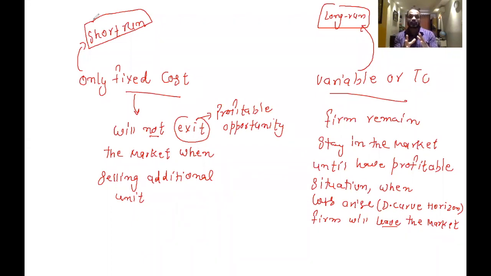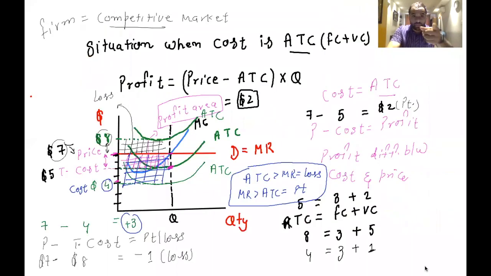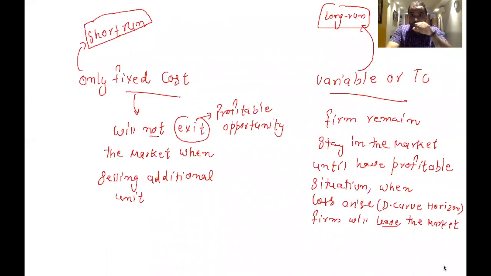That's what we are discussing here. We are talking about the perfectly competitive market. So under a perfectly competitive market, in the long run, there is no profitable opportunity. That's the whole idea here. I hope you get the point.